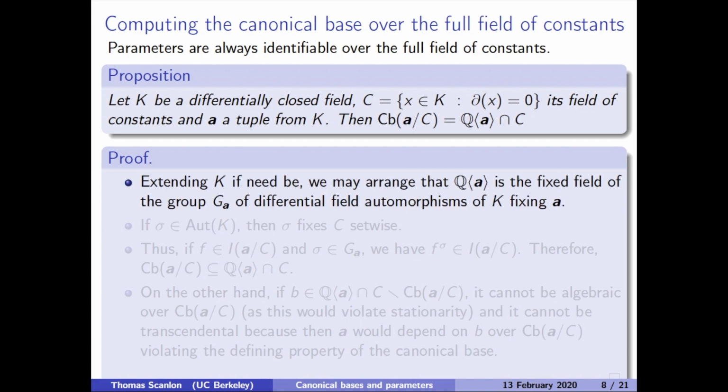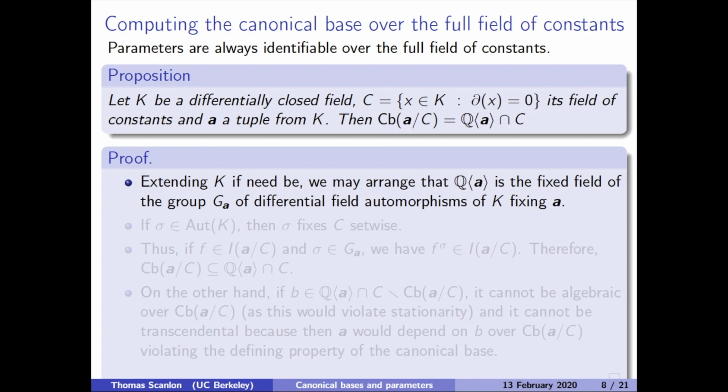Okay. All right, so you have to do a little preparation ahead of time, just so that you can think in terms of automorphisms. But you can assume that the ambient differential field in which you're working is homogeneous enough so that you can do Galois theory. Right? So that fixed fields of closed subgroups correspond to differential subfields, exactly in the way that you would like in ordinary Galois theory.